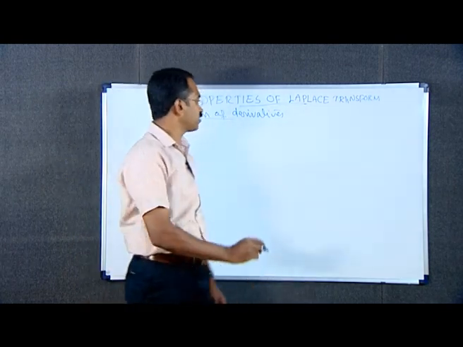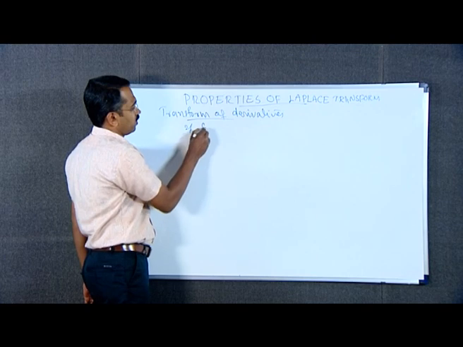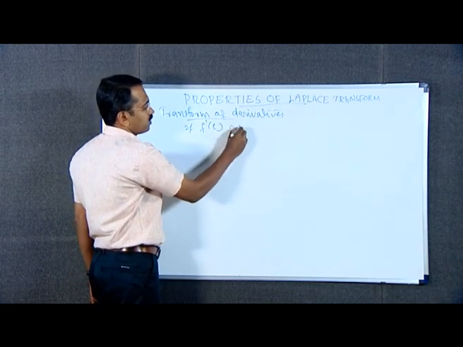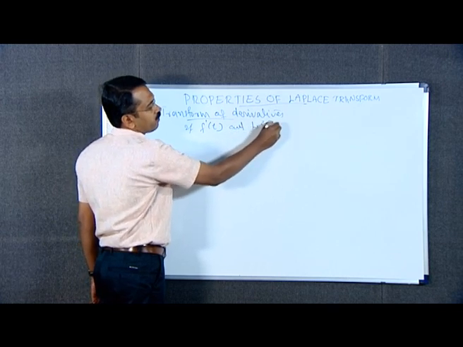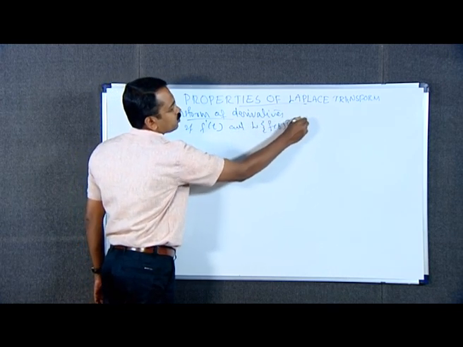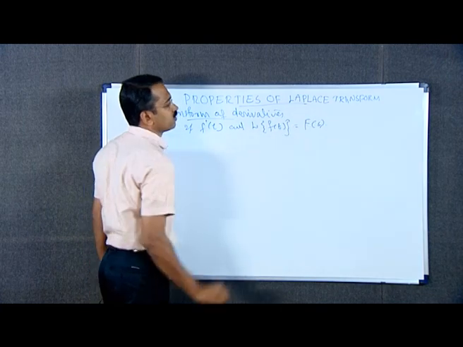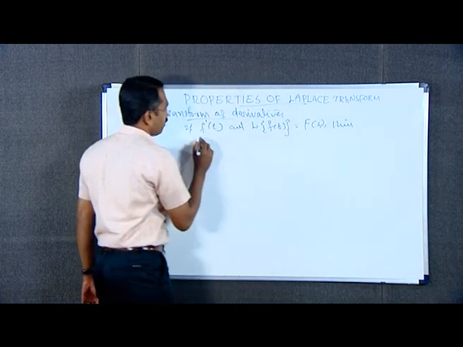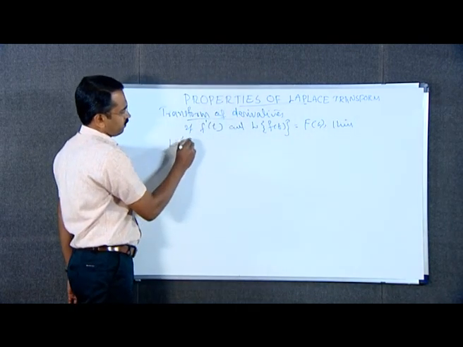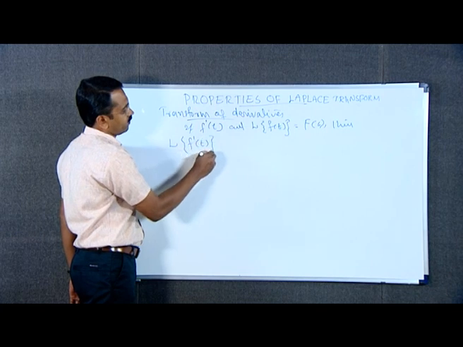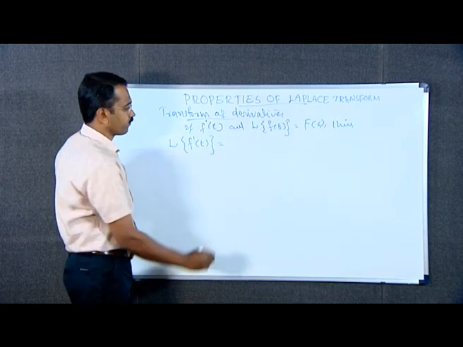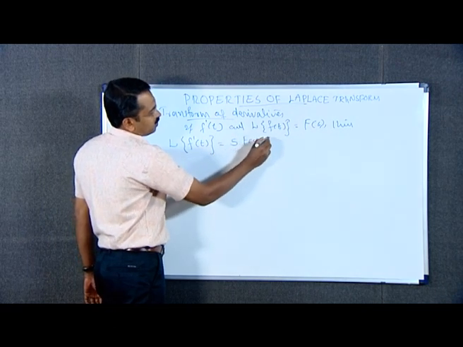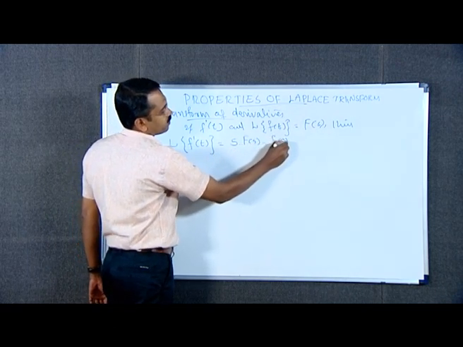If f dash of t is continuous and Laplace transform of f of t is equal to F of s, then the Laplace transform of f dash of t is equal to s into F of s minus f of 0.